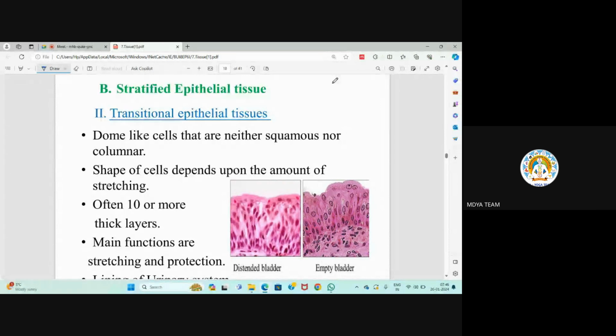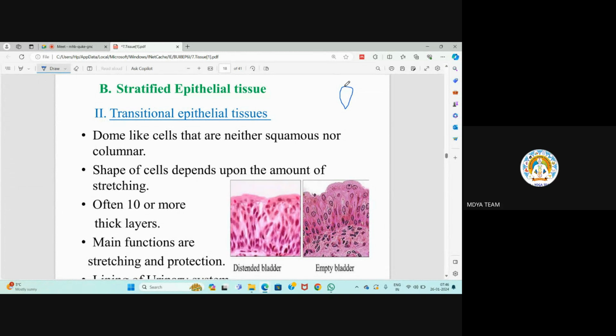Means looks like a concave shape. Would you please repeat? I didn't hear you.